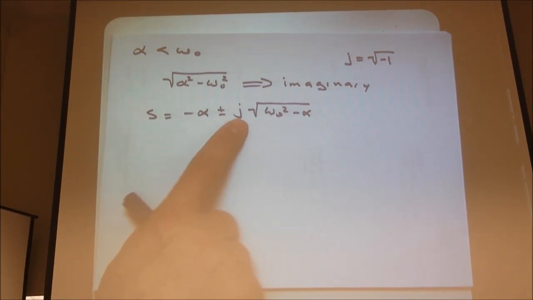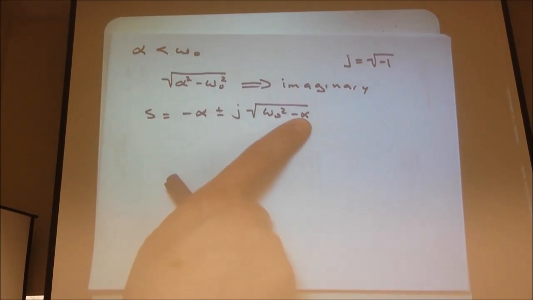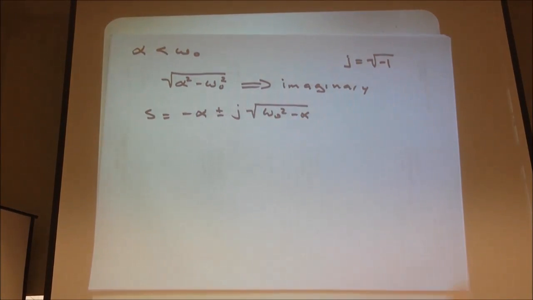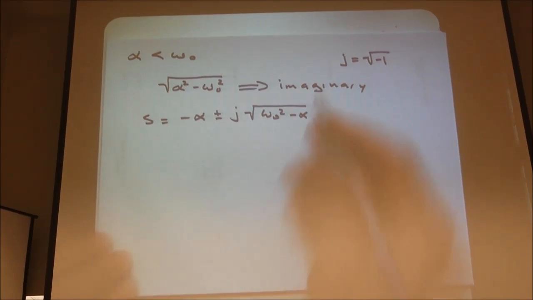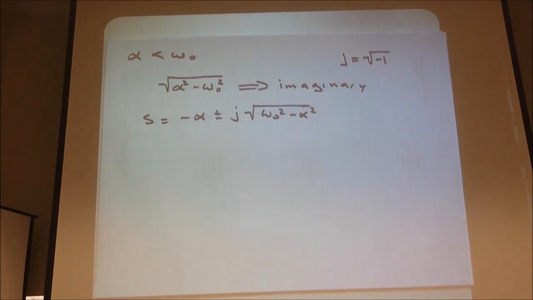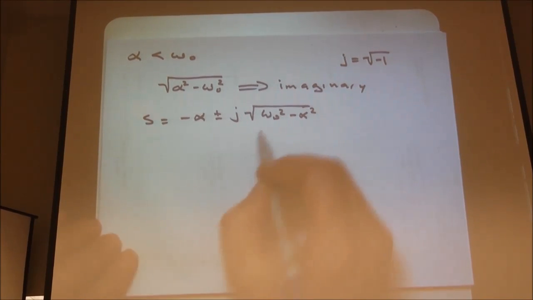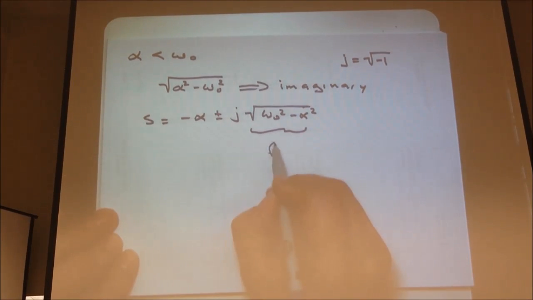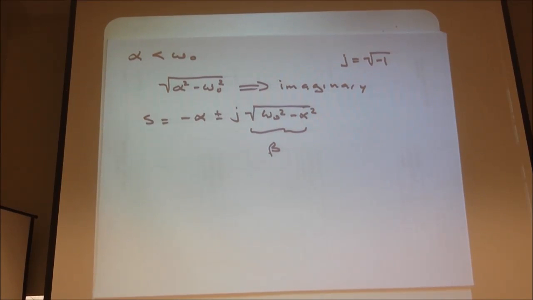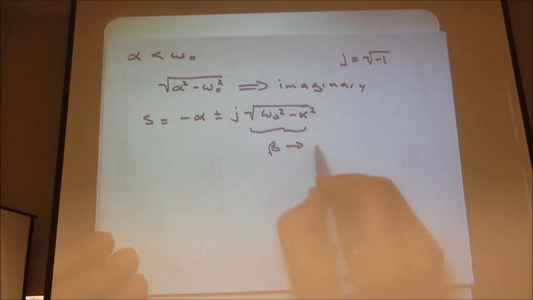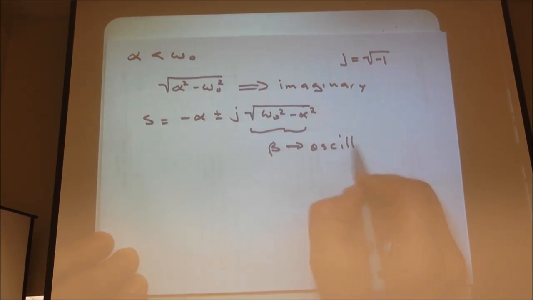I factored out a -1 and reversed the order here. Oh, an alpha squared, yeah, thanks. And actually we reduce this, and this has a term called beta. I somewhat call this the oscillation frequency.